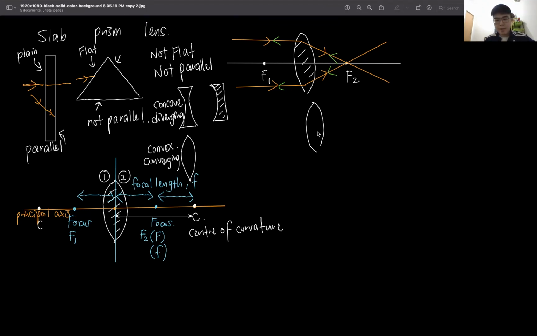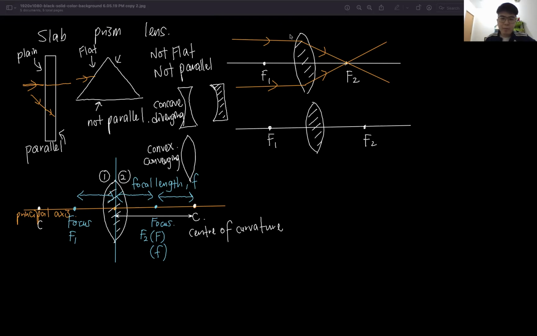Here, the first one is the first diagram, which means that if you have a parallel light ray, it will converge to the focal point. And the second diagram, which is also true, that I can draw: if I have a light coming from F1, then this light will be parallel after passing through the lens, like this.